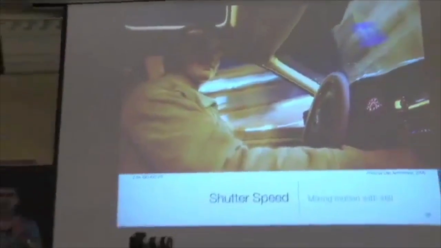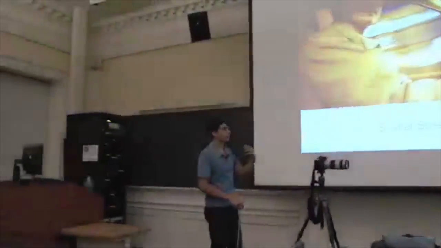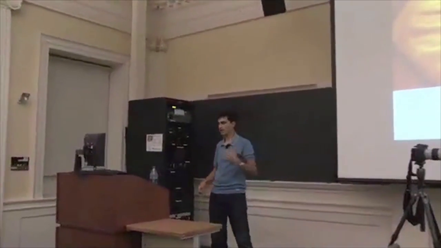There's a very fine line between having acceptable motion blur and having unacceptable motion blur, at least from my perspective. And I think having some bits within the image to ground you in terms of the context helps a lot.